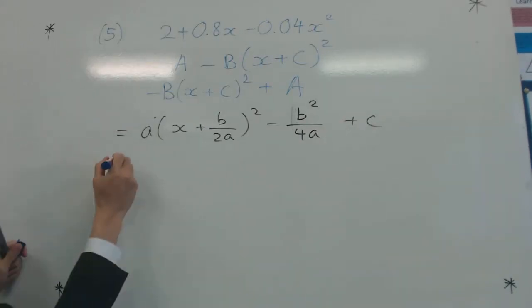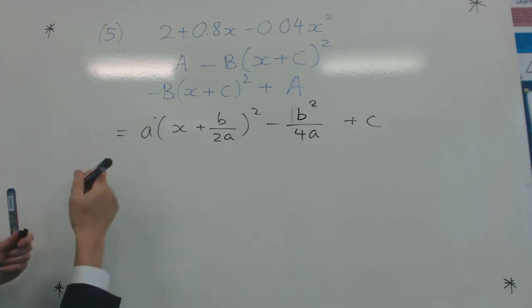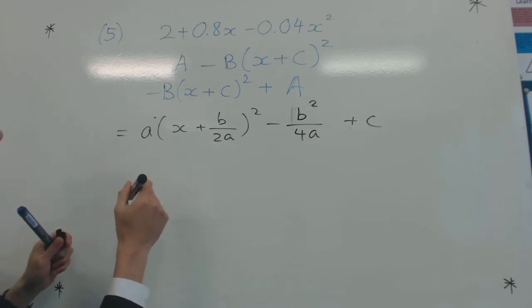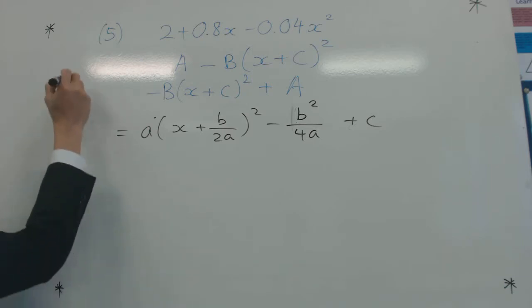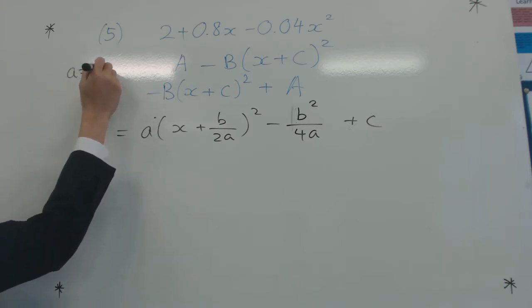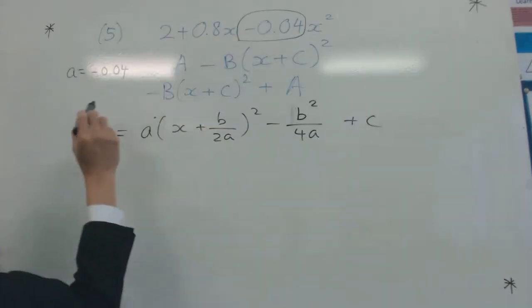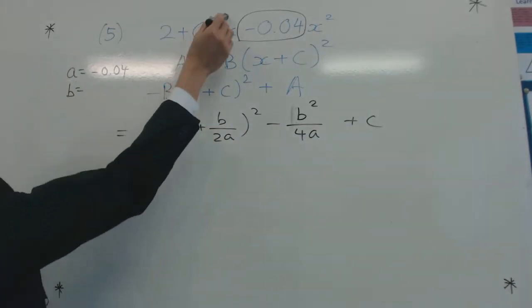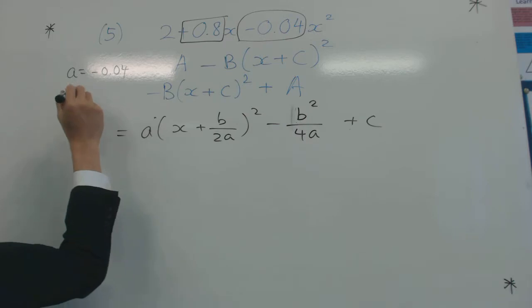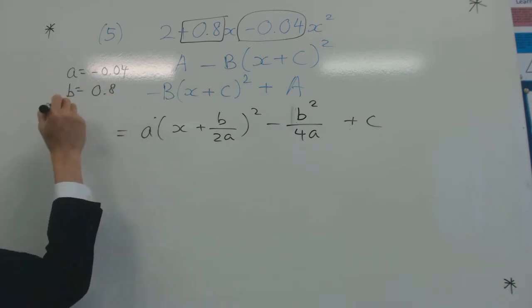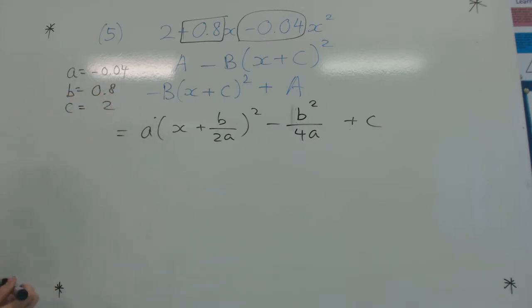Okay, substitution. So let's again write this down first. A is equal to minus 0.04, and b is equal to the coefficient of x, which is a positive 0.8, and c is the constant 2.